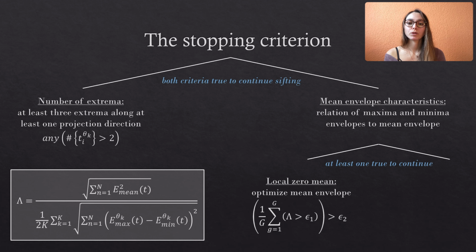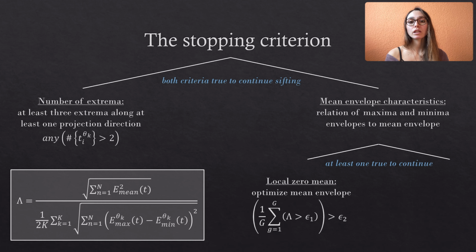Let's see how this formula expresses what I have just said. Starting at the most inner position, we take all entries of the vector lambda that are greater than a threshold value epsilon 1. These are capital G entries, and they represent time steps at which the local mean envelope has large values compared to the upper and lower envelope's distance. This means that the area enclosed by the envelopes is very unsymmetric around 0, so the mean envelope deviates strongly from 0.